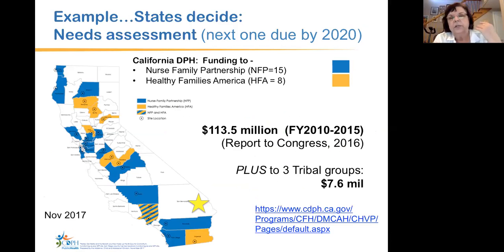In California, each of the states had needs assessments for every county, and then they chose which models they wanted to use. And on that list of 21, there were 11 original models that were identified in 2010 at the time.